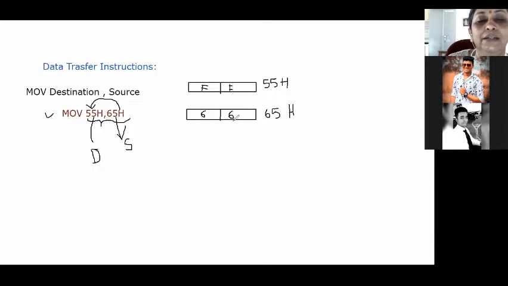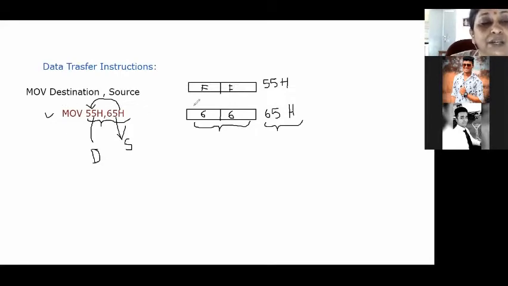The contents of memory location 65H. This is the address of the memory location, and these are the data present in that particular memory location. Each memory location is identified by a unique address. So this 65 address holds data 66H, and the 55 hex memory location holds the data FF hexadecimal.